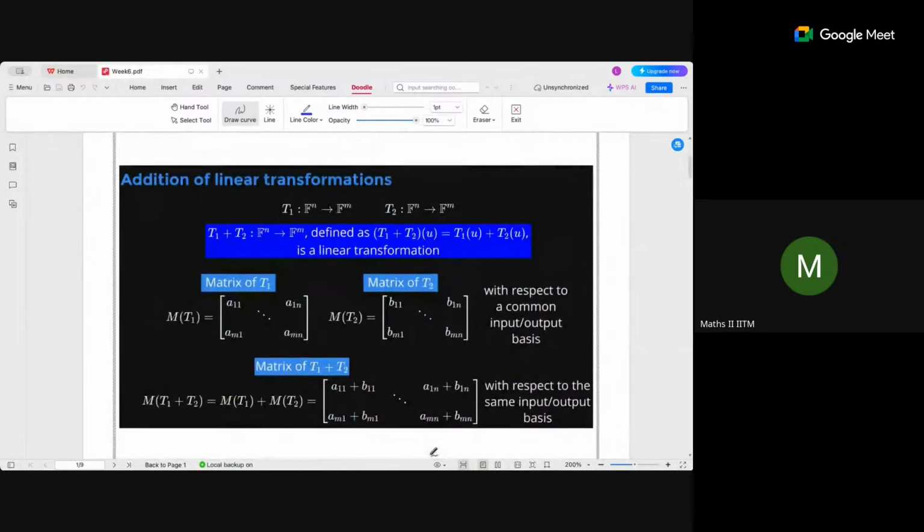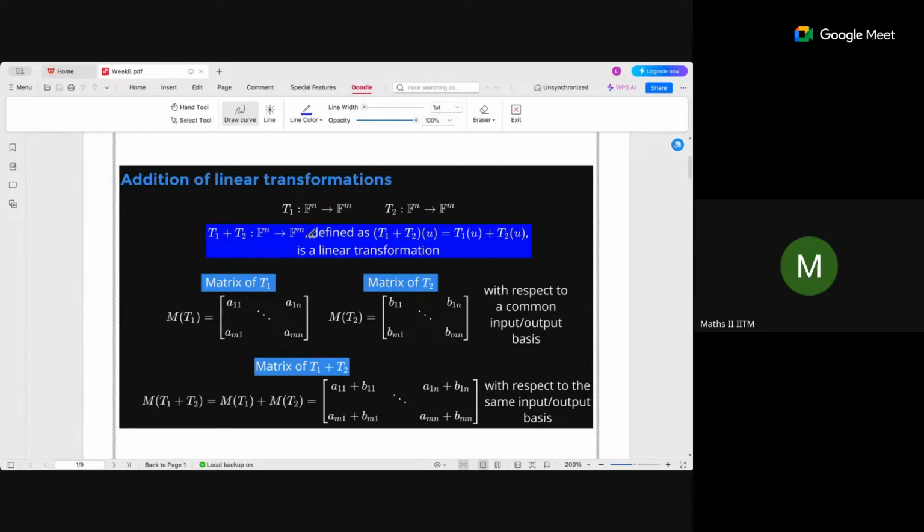Okay, so addition is something which you know usually. Matrix addition is nothing new. If you have two matrices, you know how to add. But when you look at the matrix as a representation of a transformation, what is the sum of two transformations? Let's say you have two transformations T1 and T2. What is T1 plus T2?